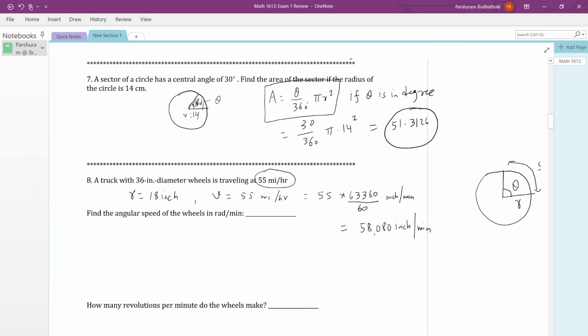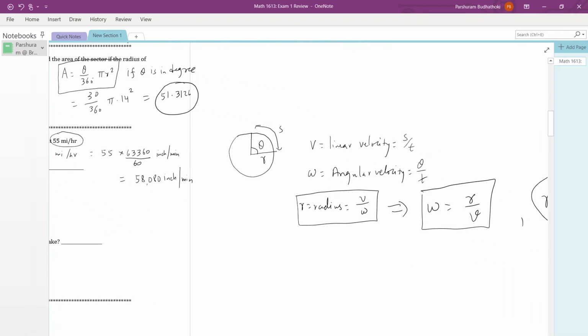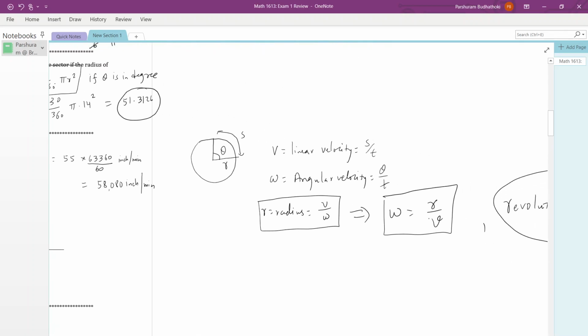But we are looking for the angular velocity. If we go back here, in this formula, angular velocity is equal to linear velocity over radius. I made a little mistake here. It should be linear velocity over radius.